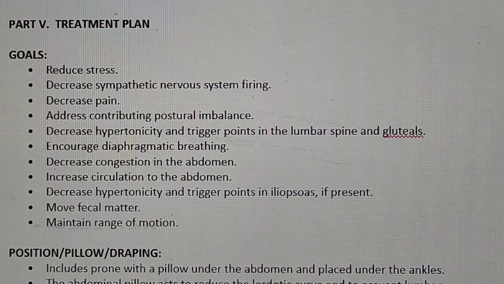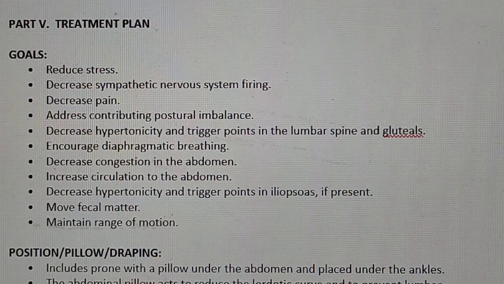And you have to move fecal matter. So if you feel like you need to go to the washroom to remove your bowel, then you have to really, once every day, go to remove your bowel. Okay. Maintain range of motion.